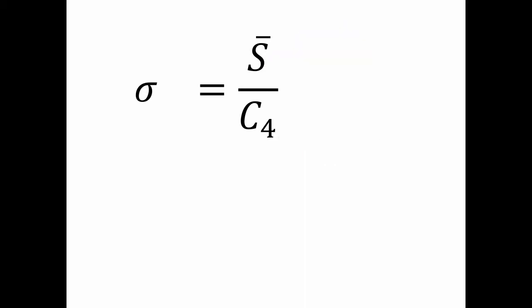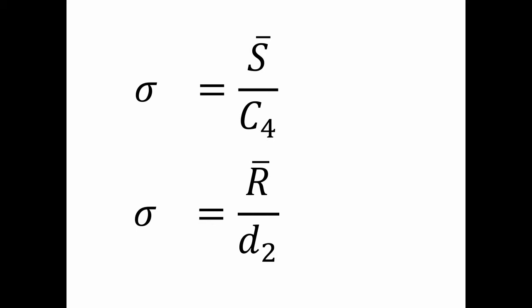Studies have shown that this estimate more closely resembles the standard deviation of the population. Another estimate for sigma uses the formula R bar divided by D2. Both of these formulas are acceptable and industry standards when calculating our process width.